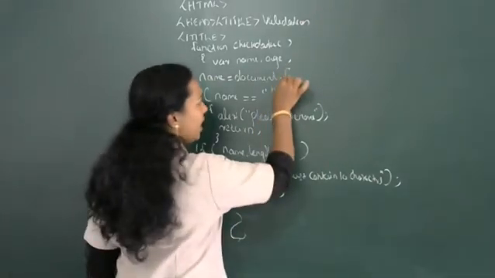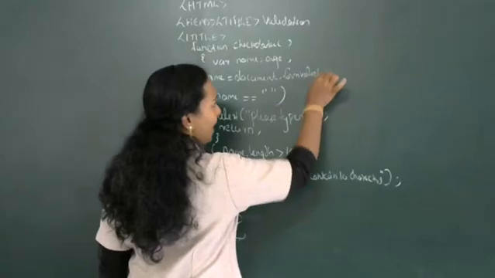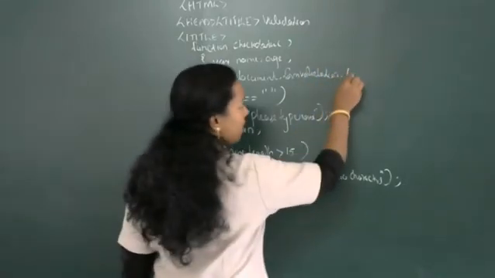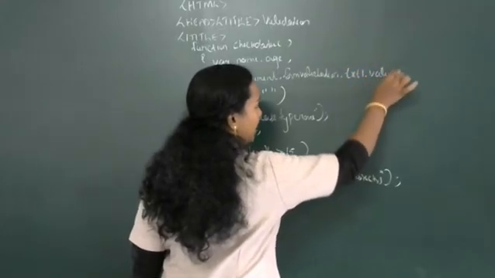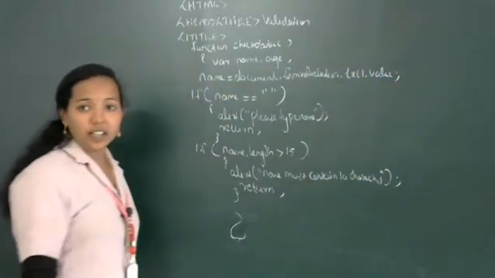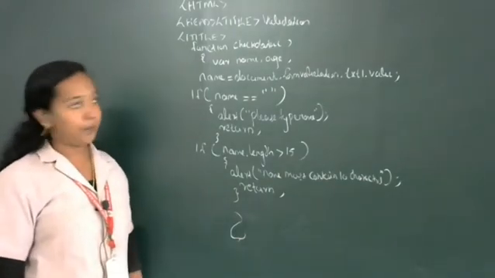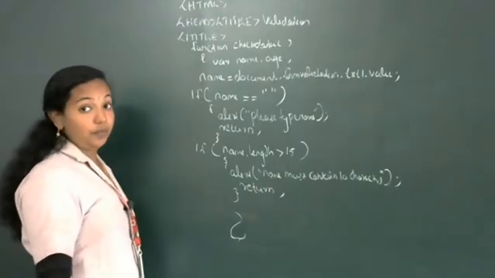Okay, you can assign any, form validation dot, what is our text box name? txt1 dot value. That means whichever value we are entering into the first text box will be assigned to the variable name. Then after that, so this is for the validation for name.